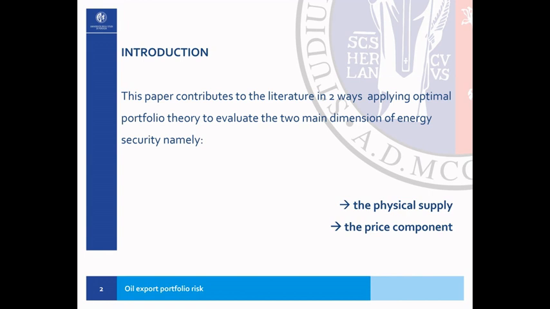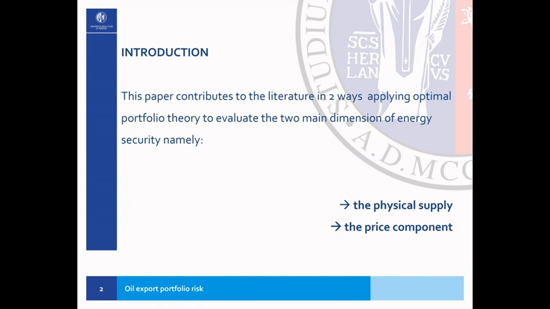We did this in a companion paper two years ago: energy security has always been an issue looked at from the viewpoint of importing countries. Energy security means we avoid disruption, we avoid geopolitical problems, from the viewpoint of oil importers.